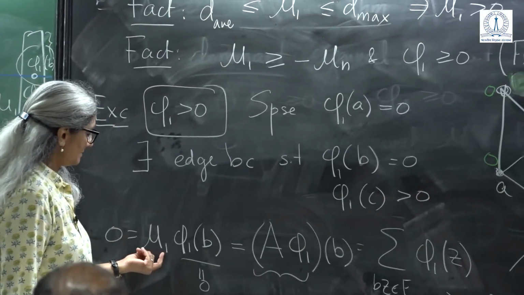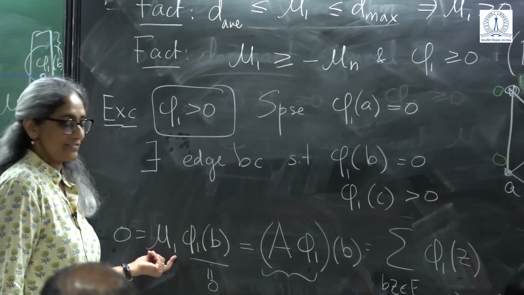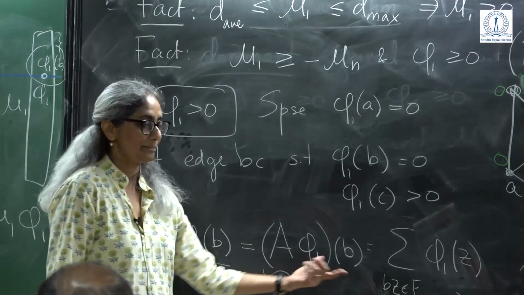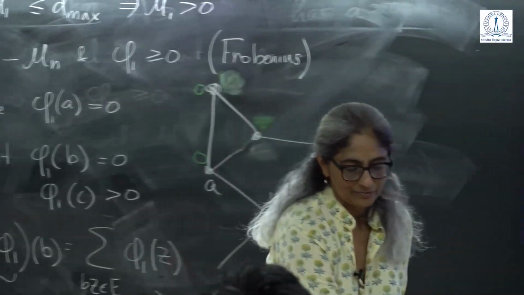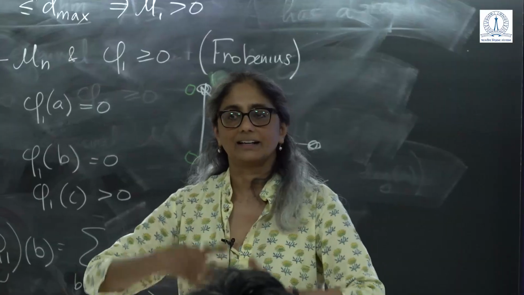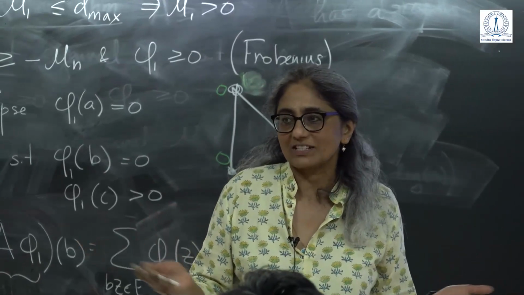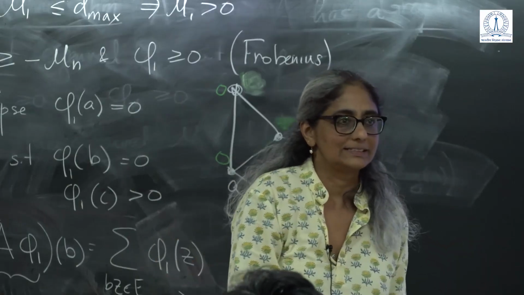So we didn't really use this, right? We just used the fact that this was 0, so this is 0, and then this all happened, and so on. So what happens if we just had a non-negative eigenvector? Doesn't matter what eigenvalue, just a non-negative phi. Can you argue it has to be then positive?